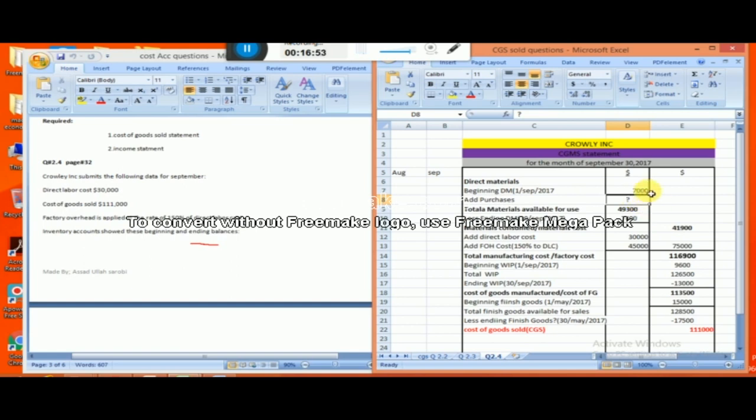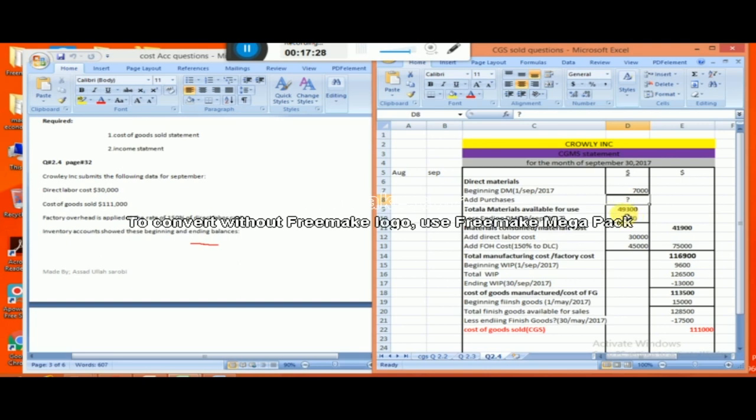Here we have beginning material of 7,000, and purchases. The sum of these two is 49,300. Now how can we find the purchases? Purchases is equal to total material available for use minus beginning inventory. Clear? So 49,300 minus 7,000.